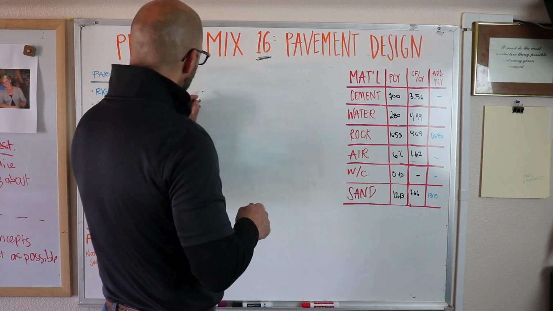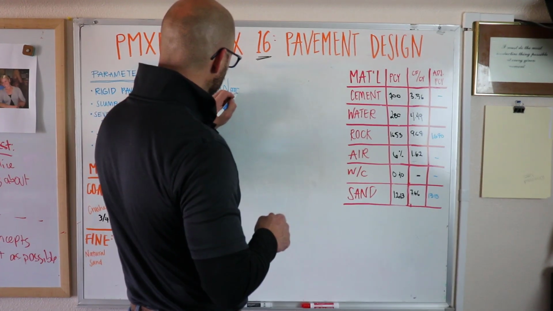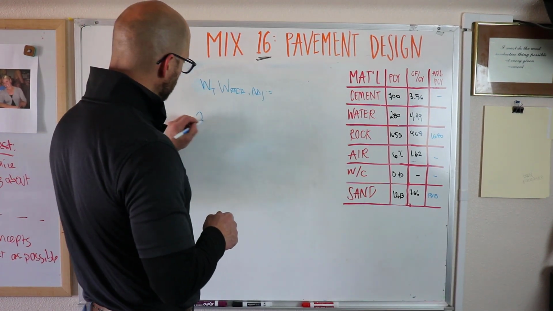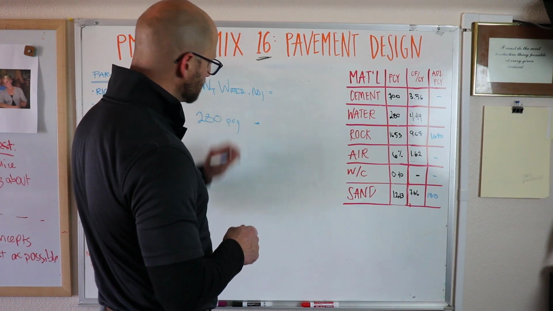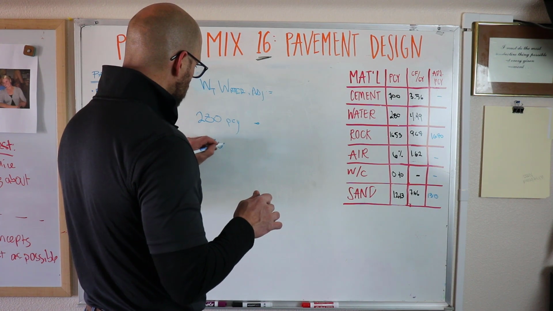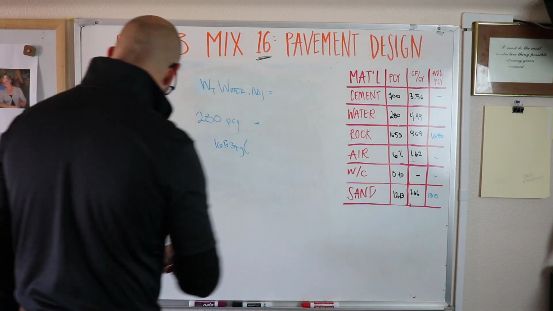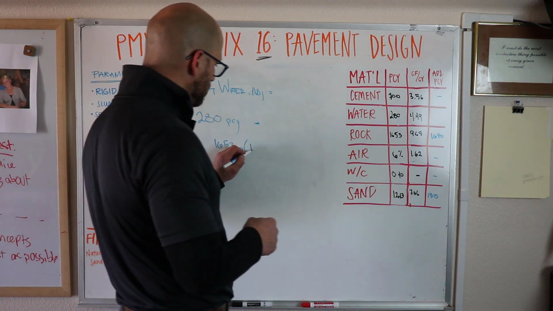that moisture content. So the way we're going to determine our weight of water, and again this is adjusted, is going to be our 280 pounds per cubic yard minus, first thing we have to do is take into account our rock, which was 1,653 pounds per cubic yard, times our moisture minus our absorption.